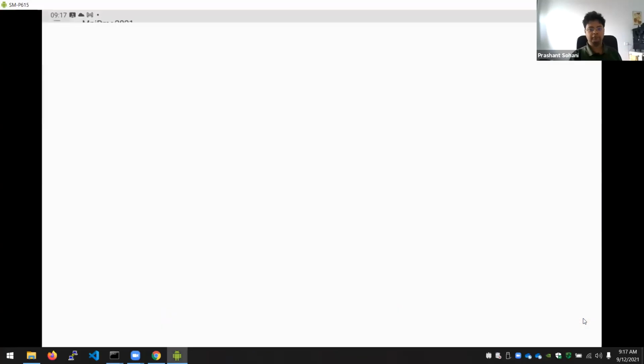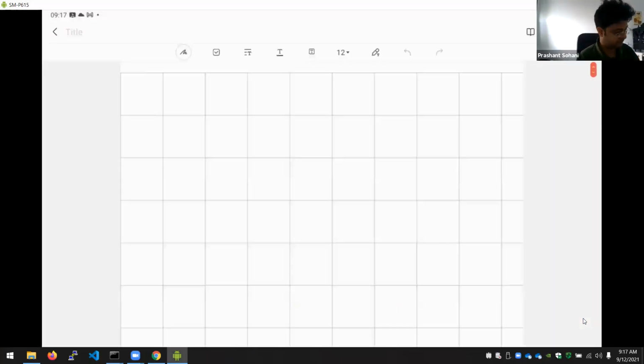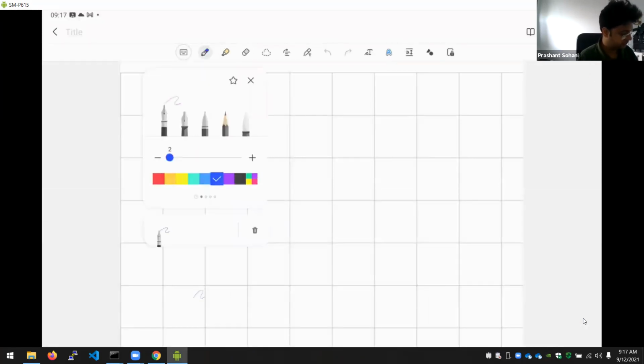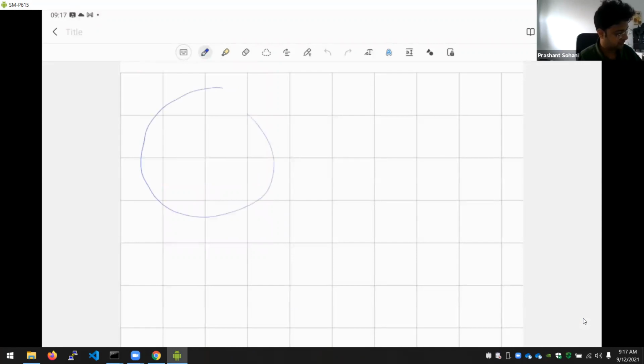Just to quickly recap where we were last time. Suppose we are given a circle of inversion, and this is the other circle we are considering to be inverted.